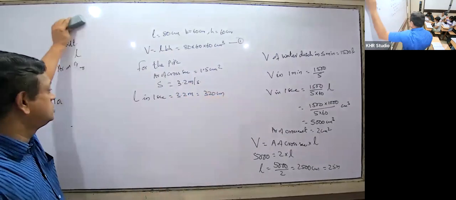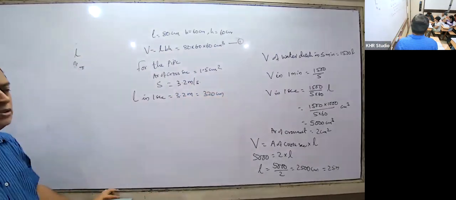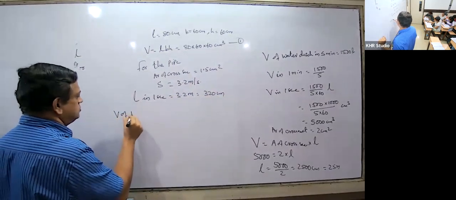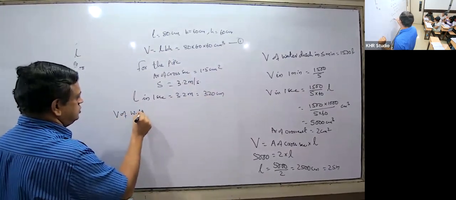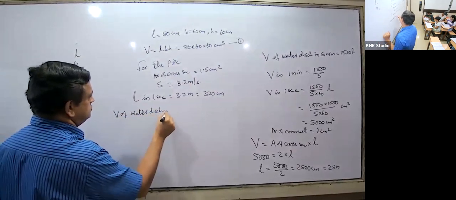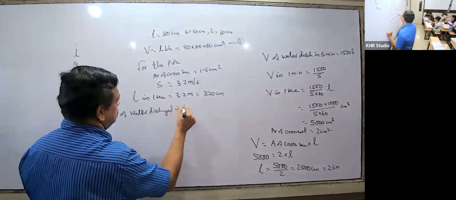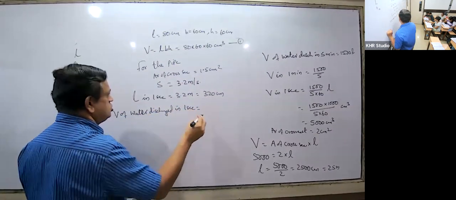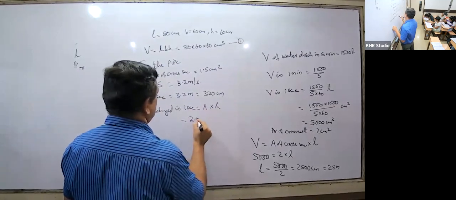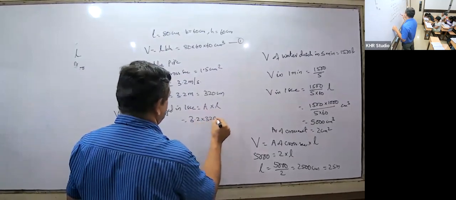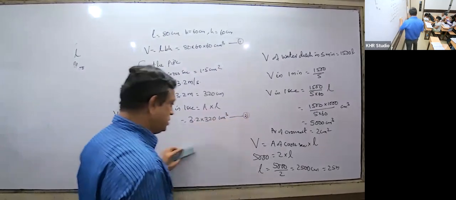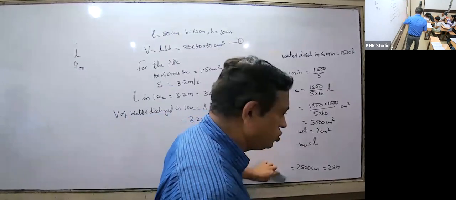This is the length of water discharged in 1 second. Therefore, volume of water discharged or transferred in 1 second is equal to area multiplied by length, 3.2 multiplied by 320 centimeter cube. That is the second condition. No need to multiply, just keep as it is.